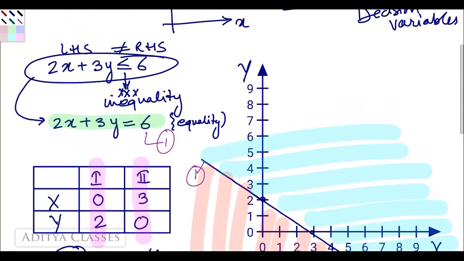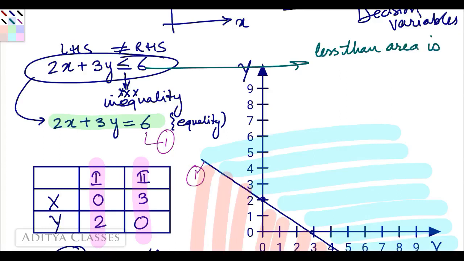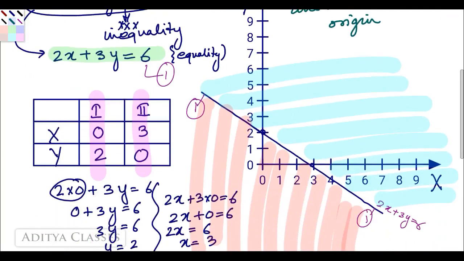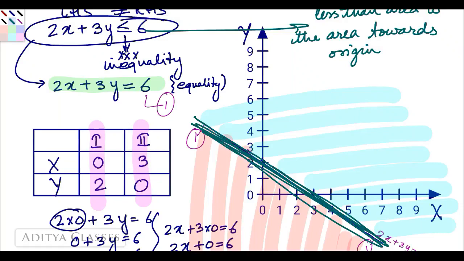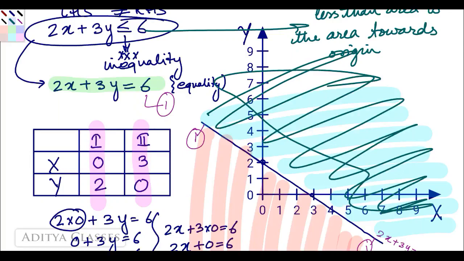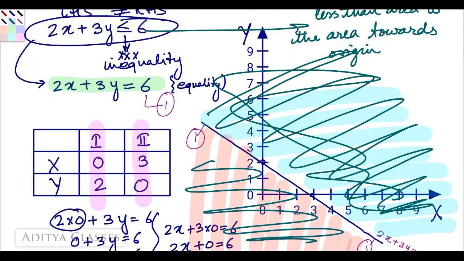So let us make a very easy, simple to remember thumb rule over here: the less than area is the area towards the origin. Now if we have a look at this coordinate system, this is my line, and this is one area and another one is this area.